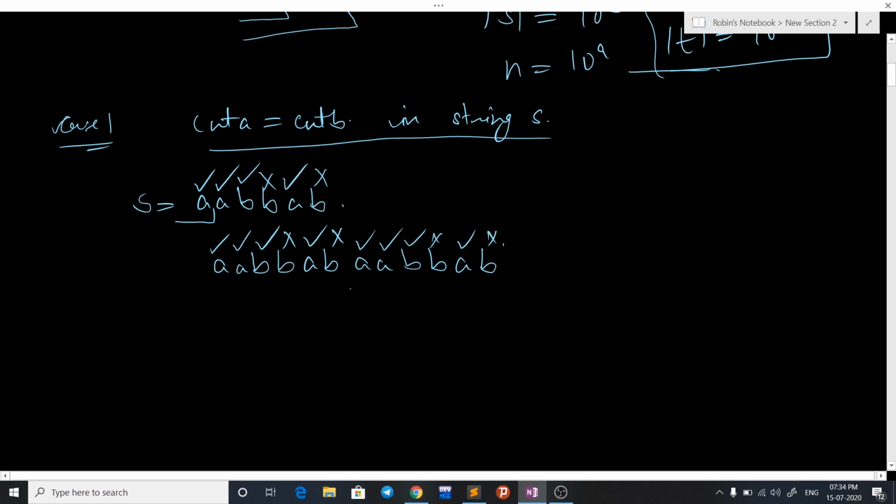So we can see that the index at which we are getting good prefix when the count of s is 1 is the same when we take it 2 times.